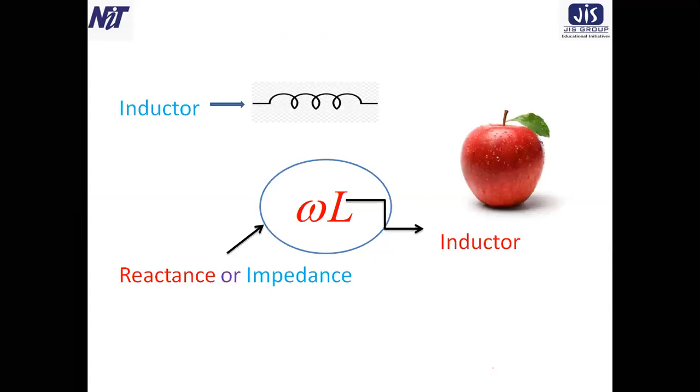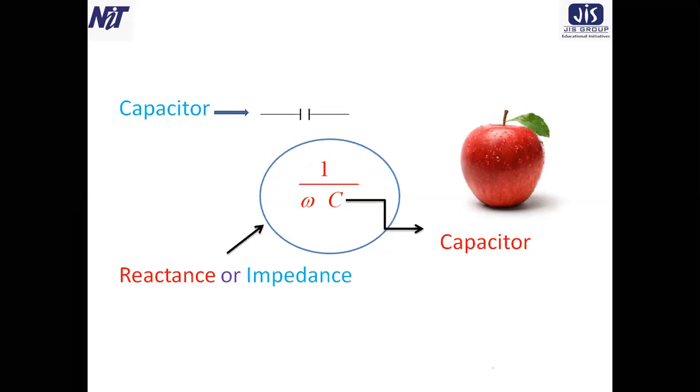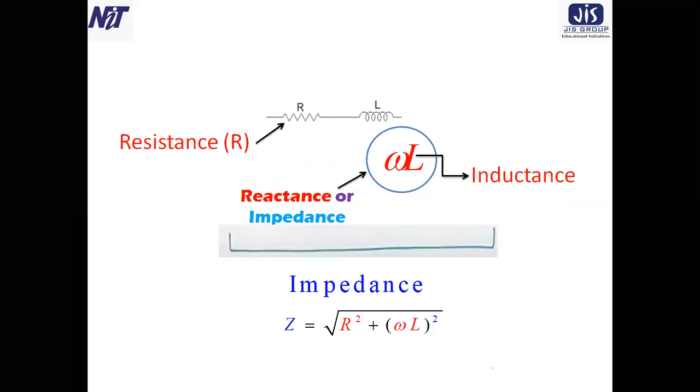We also measure the value of the capacitor, that is 1 by omega C, which is called the capacitive reactance. We find the impedance for a series RL circuit.